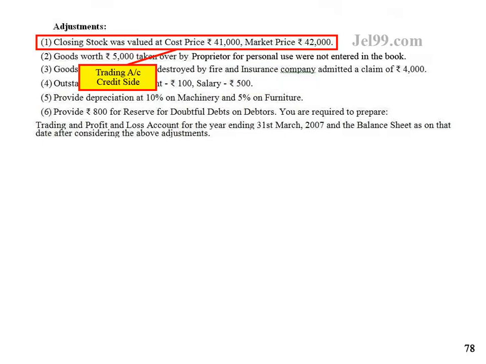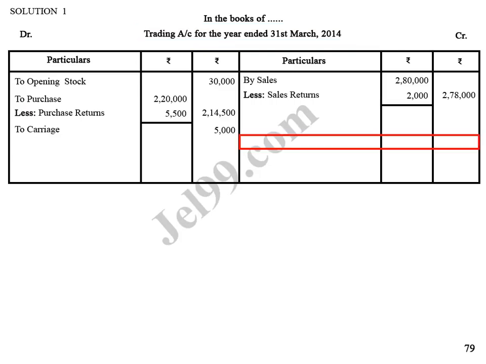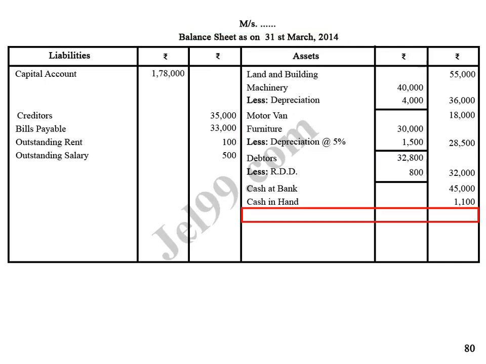Let's see its first effect. It is shown in trading account, credit side, by closing stock ₹41,000. Its second effect is shown in balance sheet, assets side, closing stock ₹41,000.